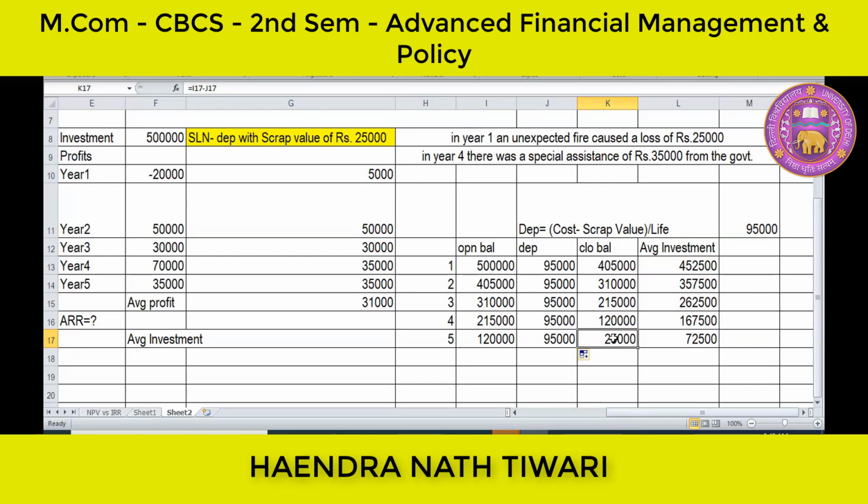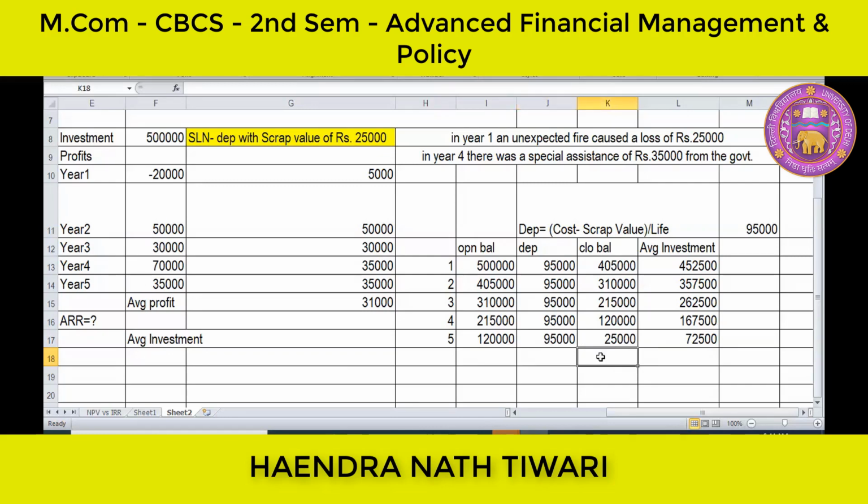During this period, you have depreciated 4 lakhs 75,000 rupees. So the asset was 5 lakhs, 4 lakh 75,000 depreciation, 25,000 your closing balance; total it makes 5 lakhs.